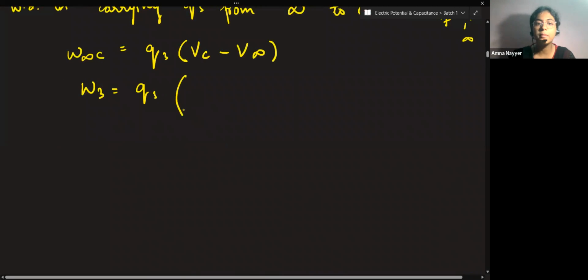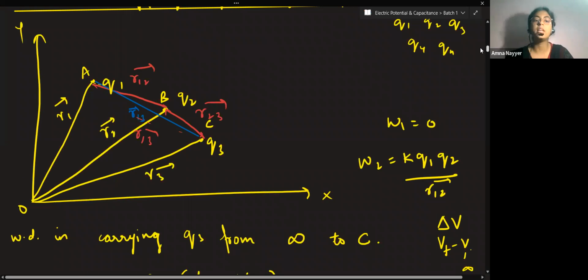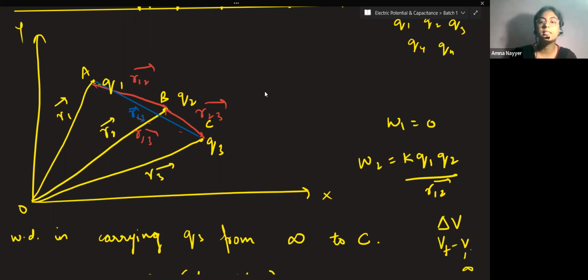Q3. Now regarding VC, you have the first charge as Q1. Q1 is the charge that is located at point A. So yes, Salman, you tell me. This is charge Q1, this is charge Q3, and you know the separation between them.